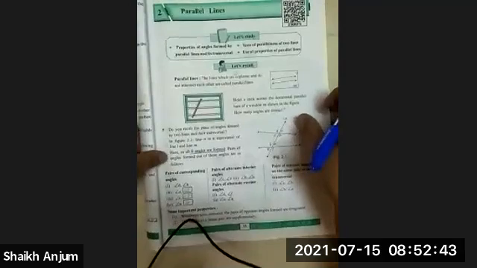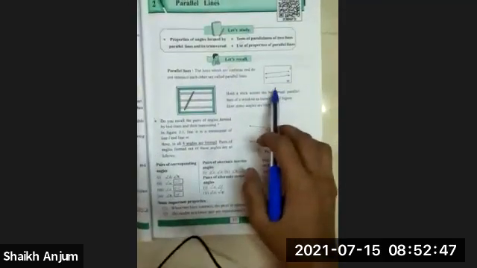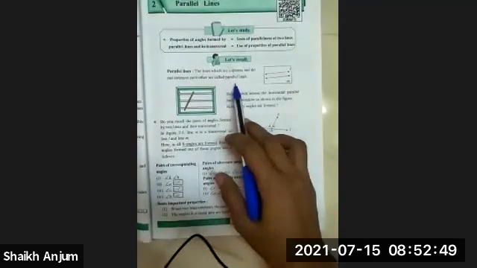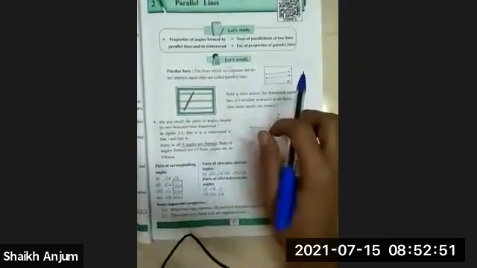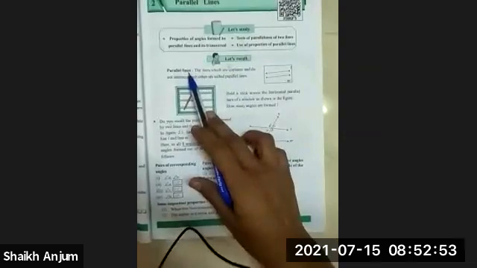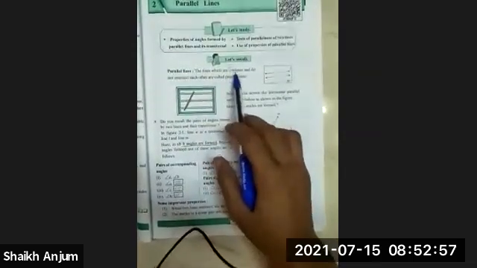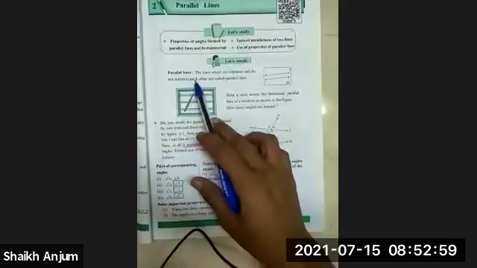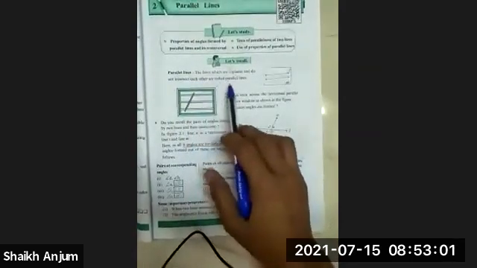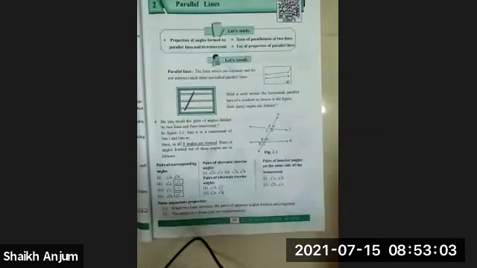Now, as you all know, the basic of parallel lines, here a diagram of parallel line and a definition is given. Okay, now the parallel line, the lines which are coplanar and do not intersect each other are called parallel lines.